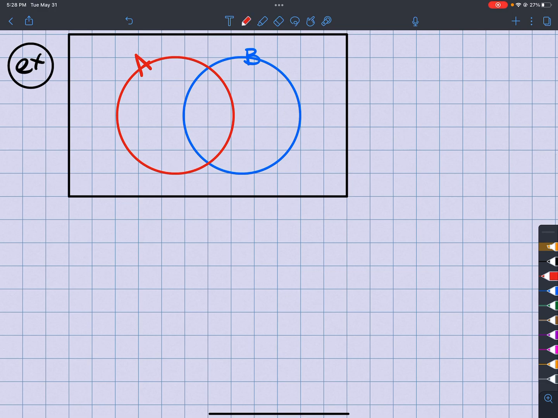So let's say A has 3 and 6. In between, what's in common is 9 and 12. And in the B, that's not in the other one, is 15, 16, and 19. And what's left outside is 23 and 27 in this universal set. Okay?